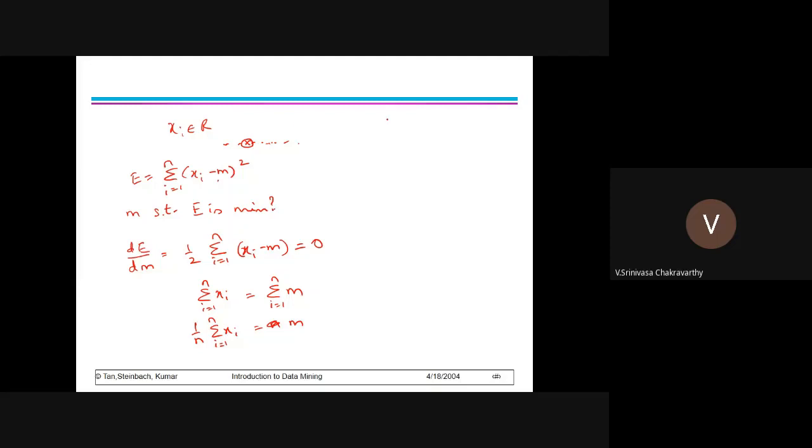You can show the exact same thing when x_i is in R^n. So then we'll use different notation. We'll use capital N here. You can do this as a homework problem. So E is equal to sigma i equal to 1 to n of x_i minus m, now m is also a vector.